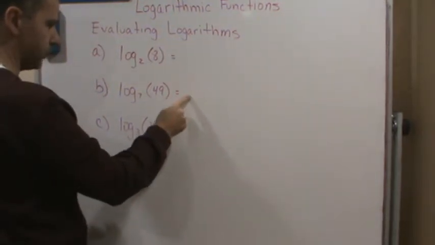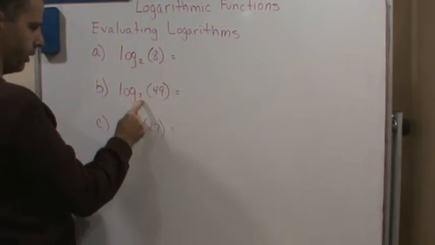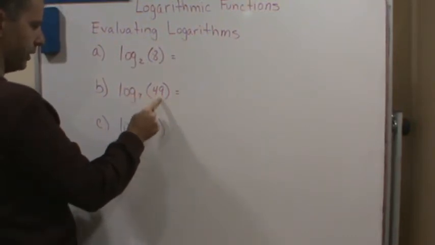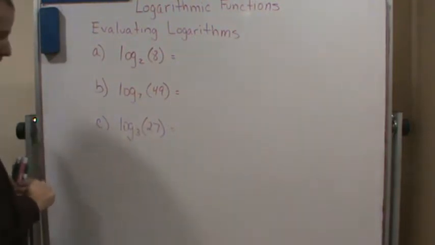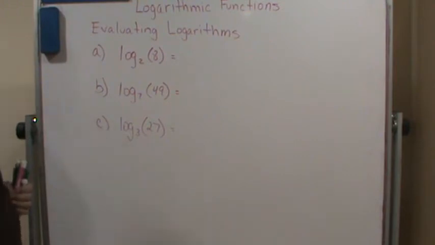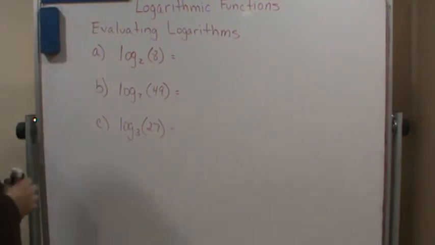We're looking for an exponent. So what exponent of 7 gives 49? Or in other words, what power of 7 gives me 49? That's my answer. Or what power of 3 gives me 27? If we know our cubes and squares and roots and things, we can do this mentally pretty easily.